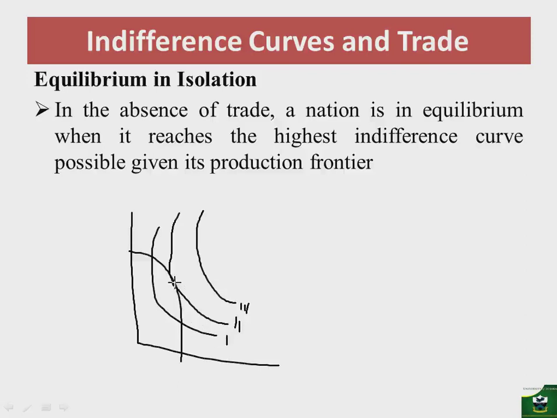So from here we see that the nation's production possibility frontier is tangent to indifference curve 2, meaning that in isolation or in autarky, the nation is in equilibrium at point A. Let's call this point A. Any other point will not be the equilibrium point for the nation.